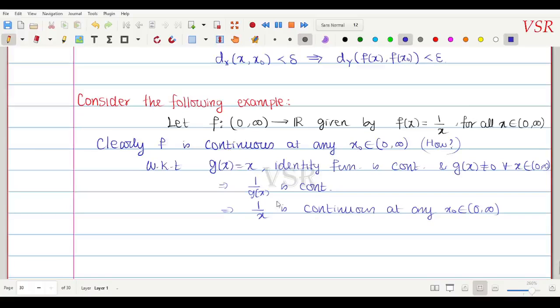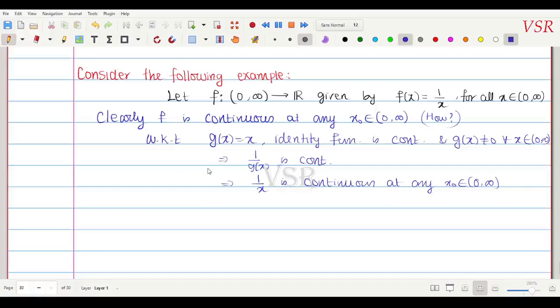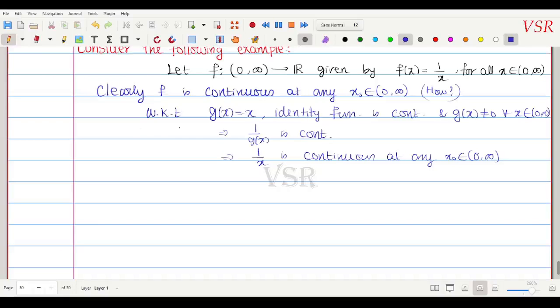But let us try to prove this with the help of epsilon delta. Proof using the epsilon delta definition: let epsilon positive be given.